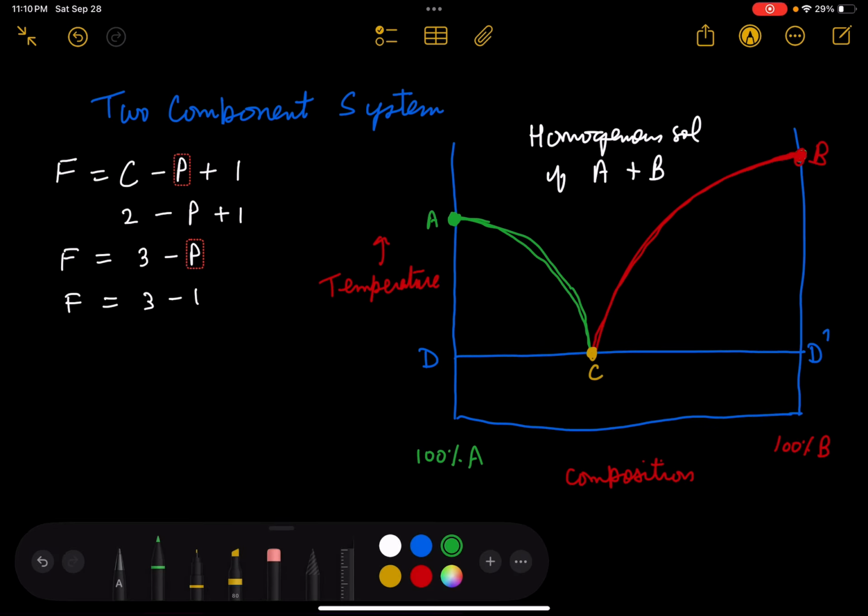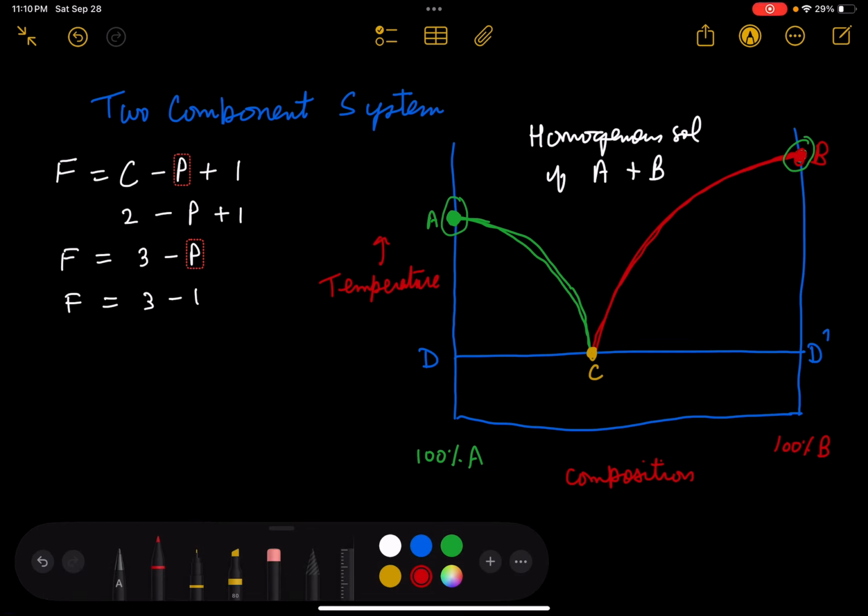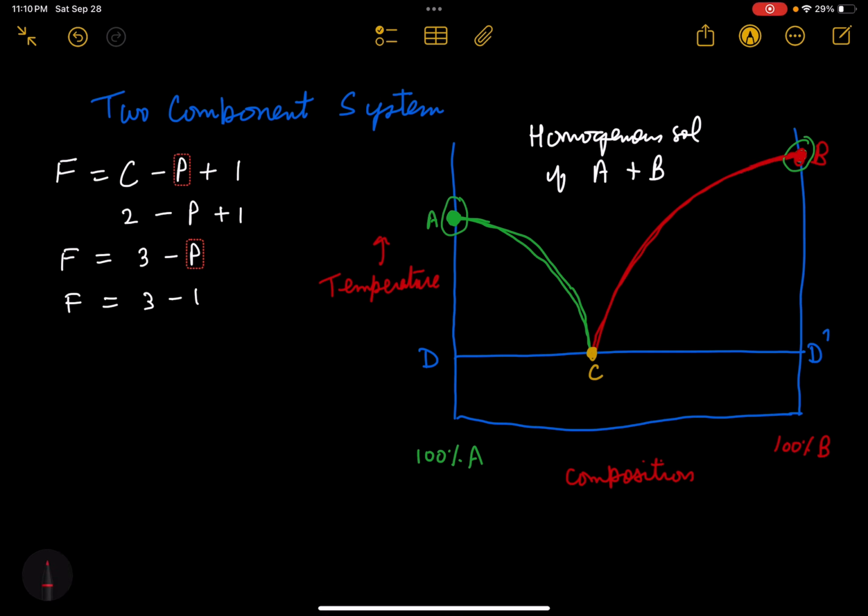Point A and point B are the melting points of component A and component B. As increasing quantities of B are added to A, the freezing point of A falls along the curve AC.